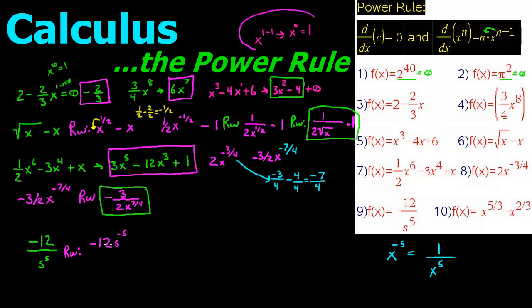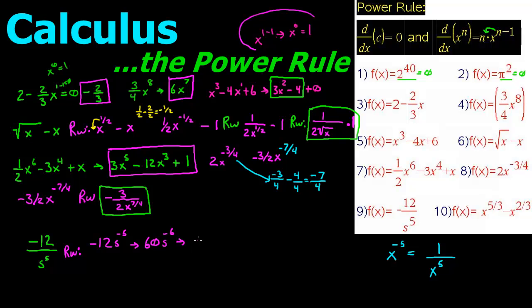Okay, so then we take this negative 5 times the negative 12 and we get 60 s to the negative 6th power. So you might be tempted to say 5 minus 1 is 4, but you have to remember this is negative 5 minus 1, okay? So you're going to be left with a negative 6.